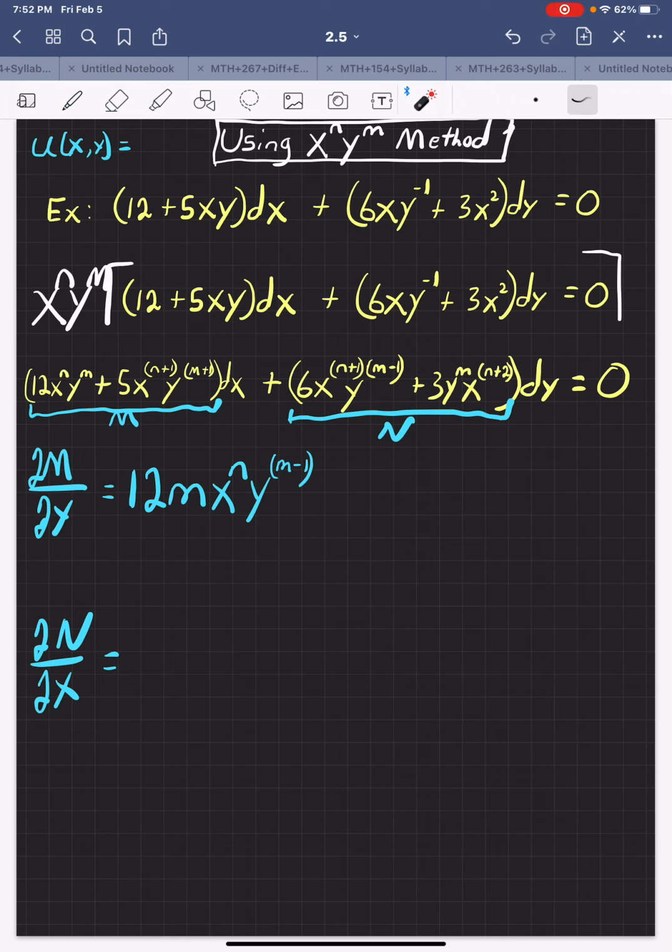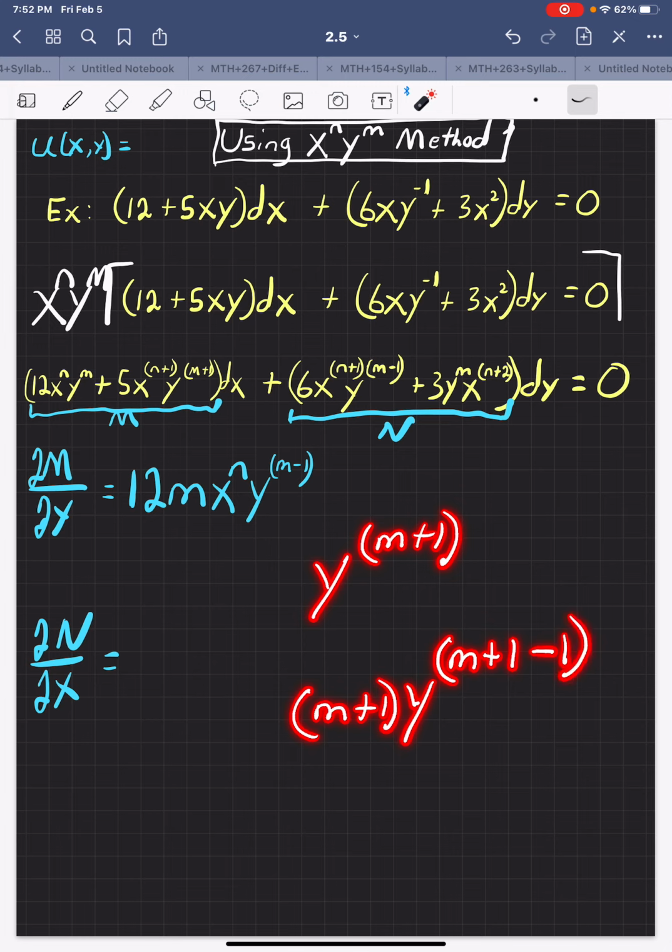All right. Now what about this nightmare right here? Well, again, since you're taking the derivative with respect to y, let's just take a look at the y part. If you have y to the power of m plus 1, and you take the derivative of that, you move the m plus 1 in front, and then it's just the power rule, so you subtract 1 from the exponent.